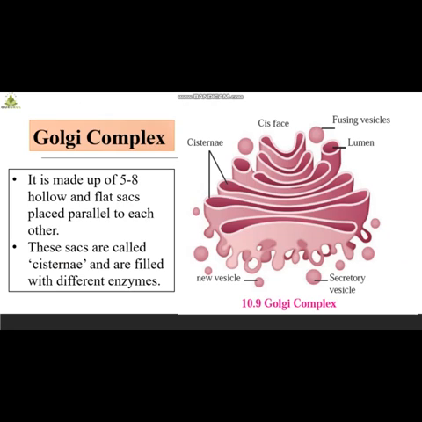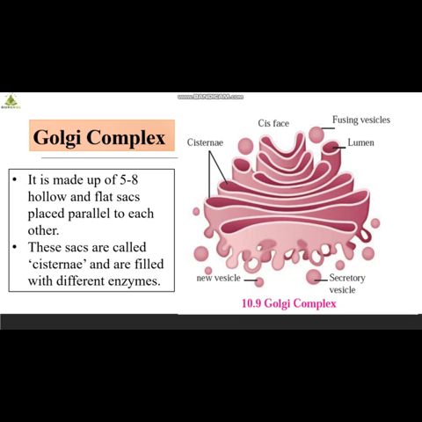Students, we are going to study the Golgi complex in detail. If you see the structure, that is figure 10.9, Golgi complex, given in the textbook. After going through this figure, let us see the explanation one by one.